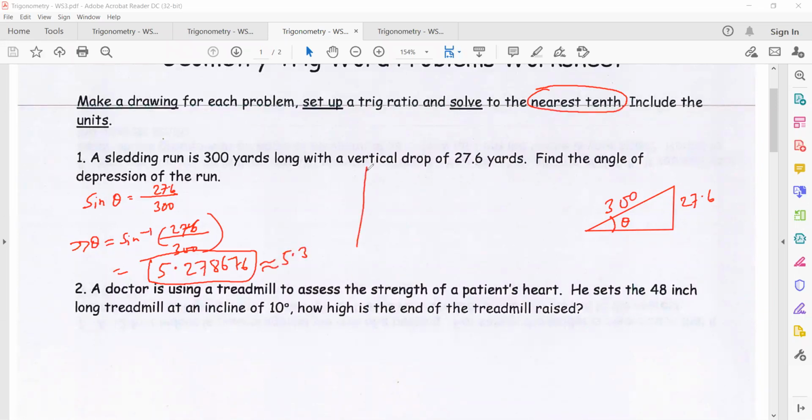Now what some of you have done, you took this as 300. Then you found tan theta equals 27.6 divided by 300. Then theta equals tan inverse 27.6 divided by 300.